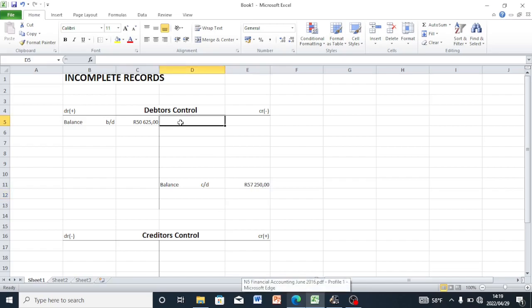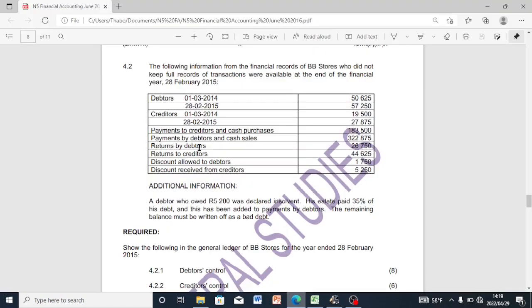Because now our debtors control is decreasing as our debtors are paying us our money. It is going to affect two accounts, which is our bank account and our debtors control. When our debtors control decreases, our bank account increases, because now we as a business are receiving the money. So our control account is going to be our bank account. So on our amount column, we are going to record 322,875.